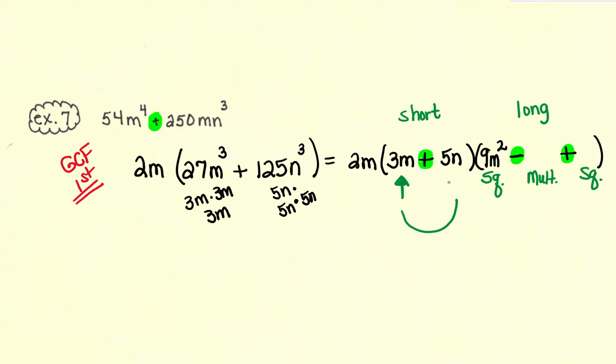Multiply the 2 together. 3 times 5 is 15mn. Then square your last. 5 and n, square those. 5 squared is 25. N squared is n squared.